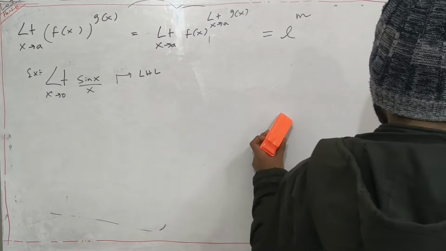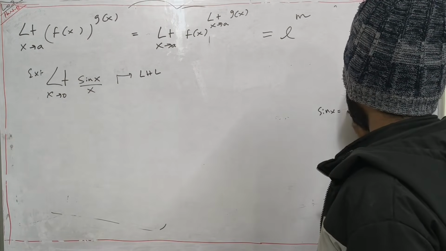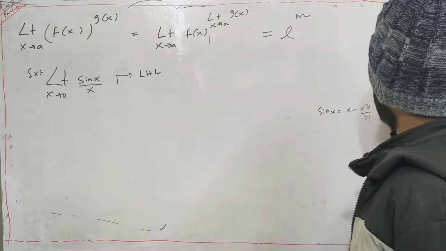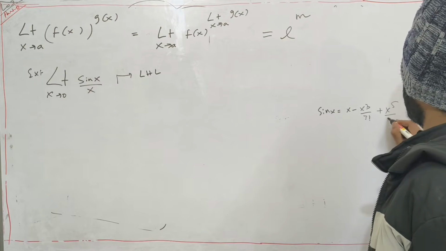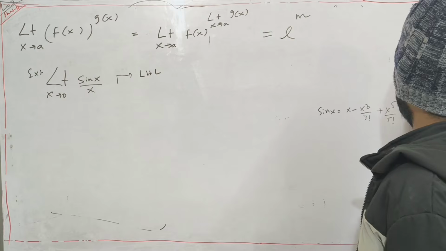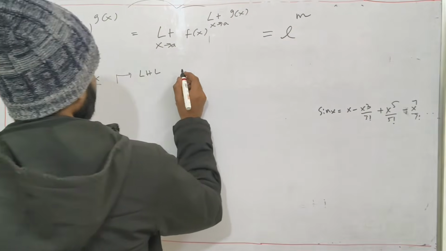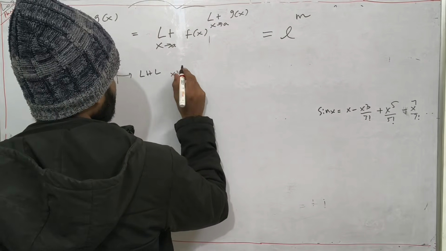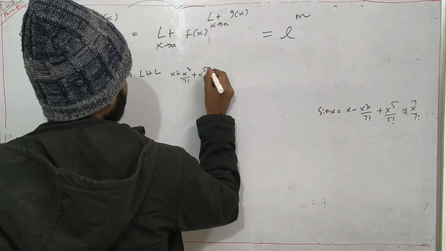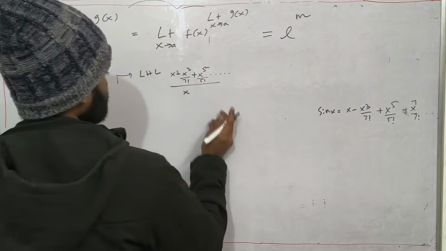What is the expansion for sin x? Sin x equals x minus x cube by 3 factorial plus x power 5 by 5 factorial minus x power 7 by 7 factorial, and so on. You substitute here: x minus x cube by 3 factorial plus x power 5 by 5 factorial, and so on, by x.